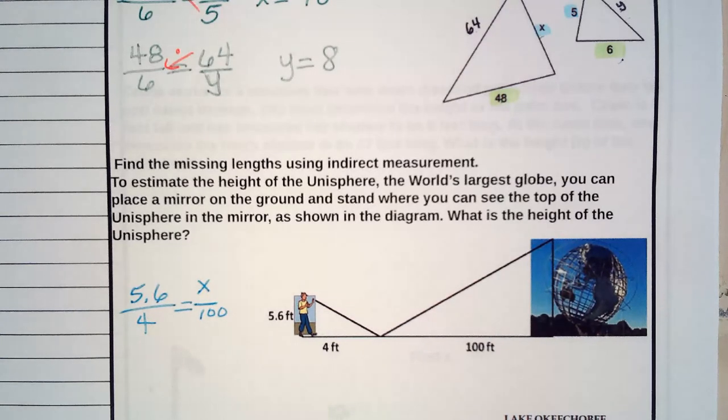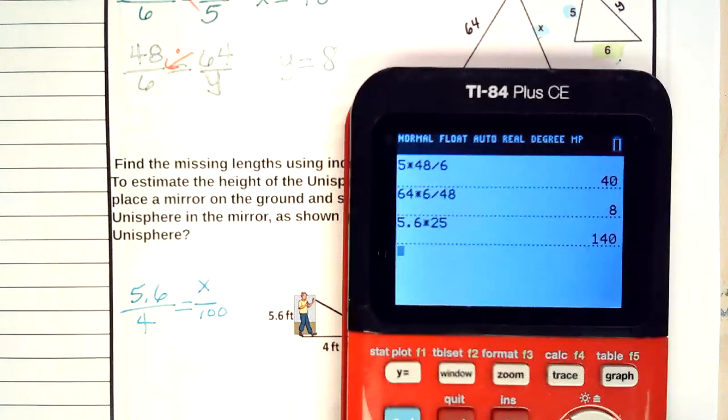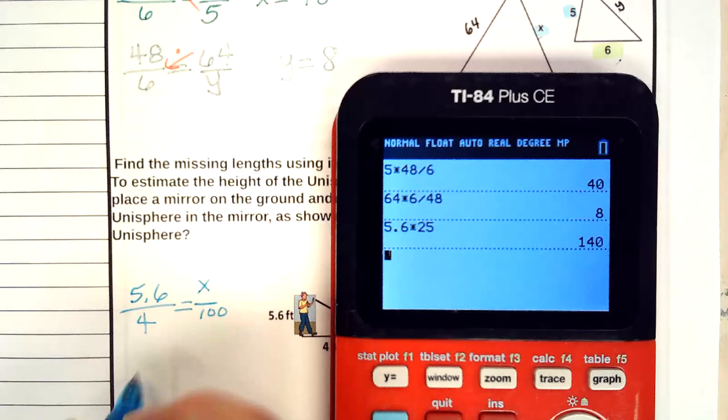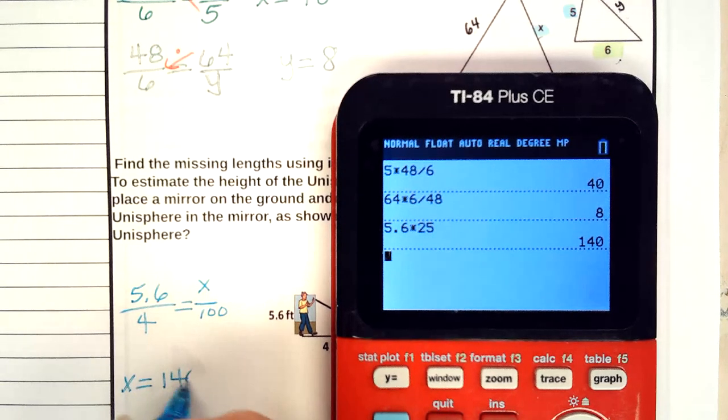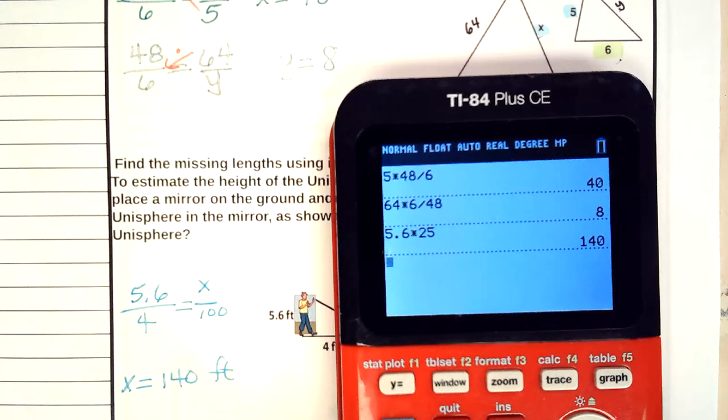Now, if you're looking, 4 quarters make a dollar bill. So I'm taking 4 times 25 to get 100. So I could also take 5.6 times 25, and I get 140. And that would be feet.